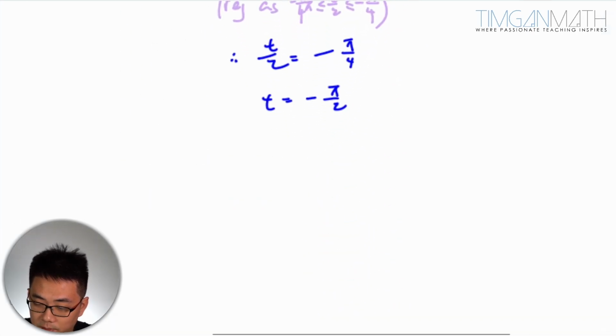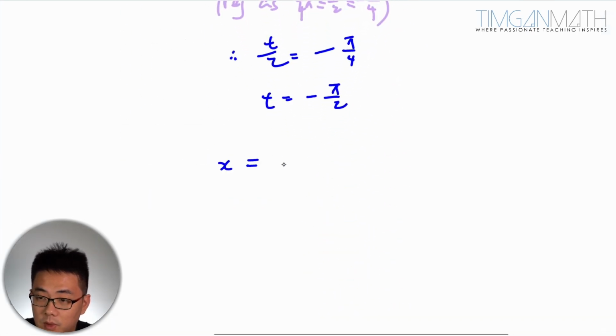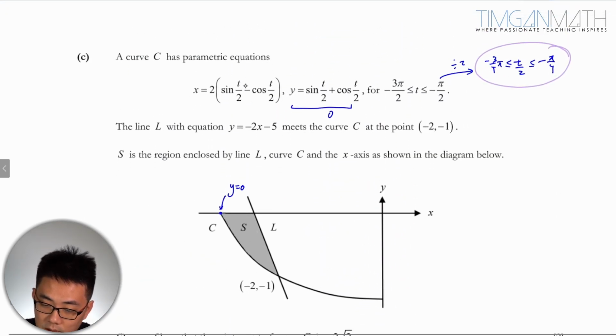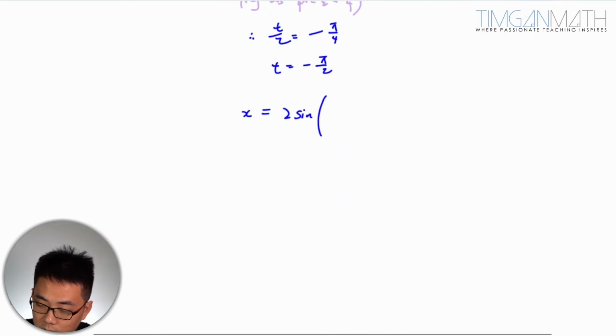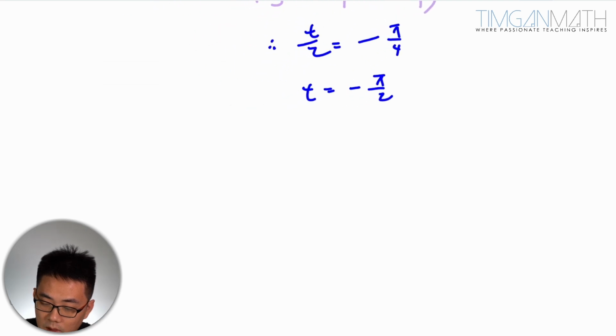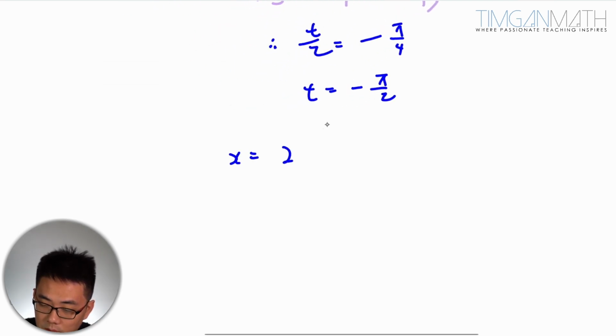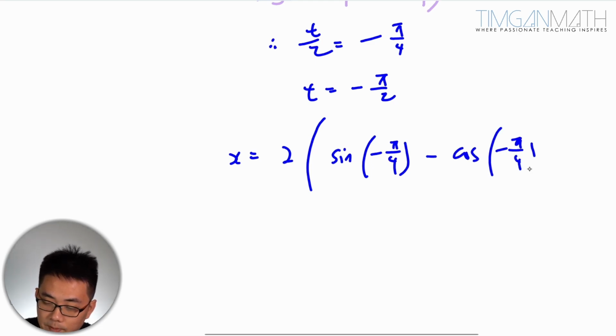So x equals 2 sine. We are going to just substitute this t over 2. So x equals 2 sine of minus pi over 4 minus cosine of minus pi over 4.